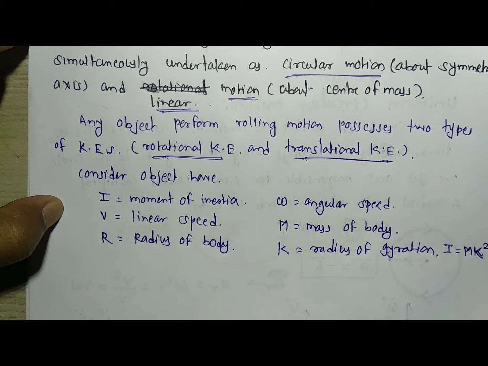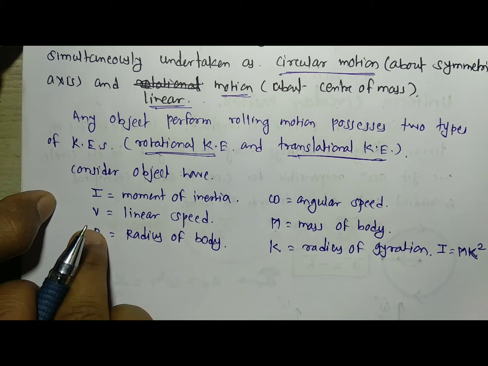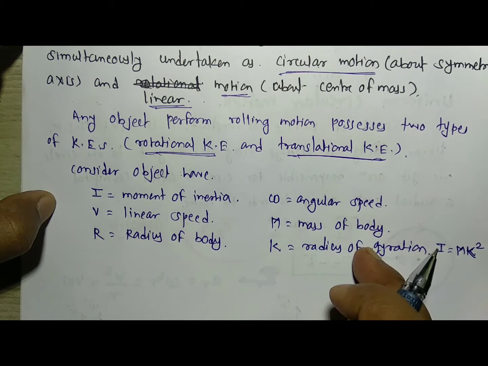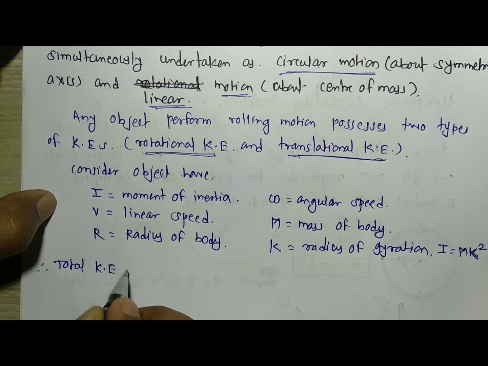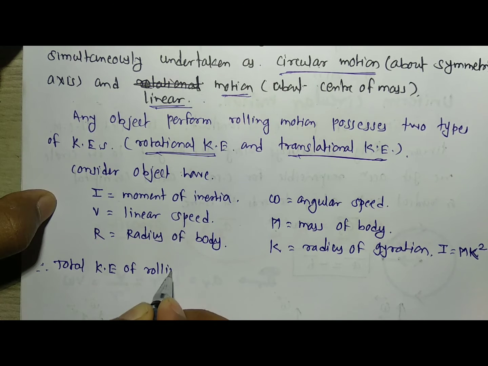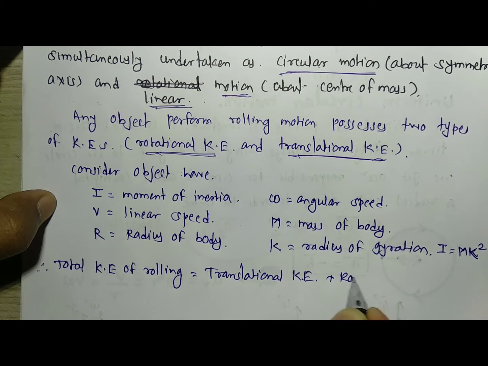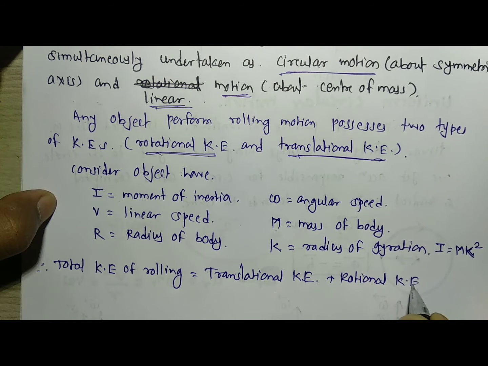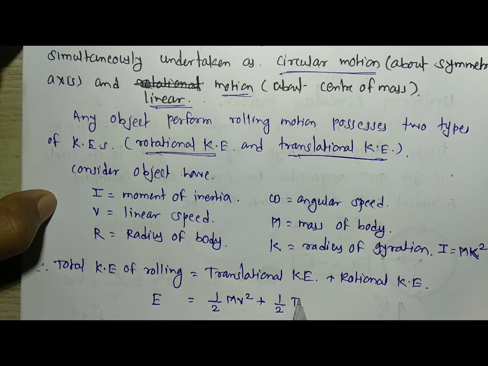Therefore the total kinetic energy of a rolling body is equal to translational kinetic energy plus rotational kinetic energy, and this energy E is given as 1/2 m v square plus 1/2 I omega square.